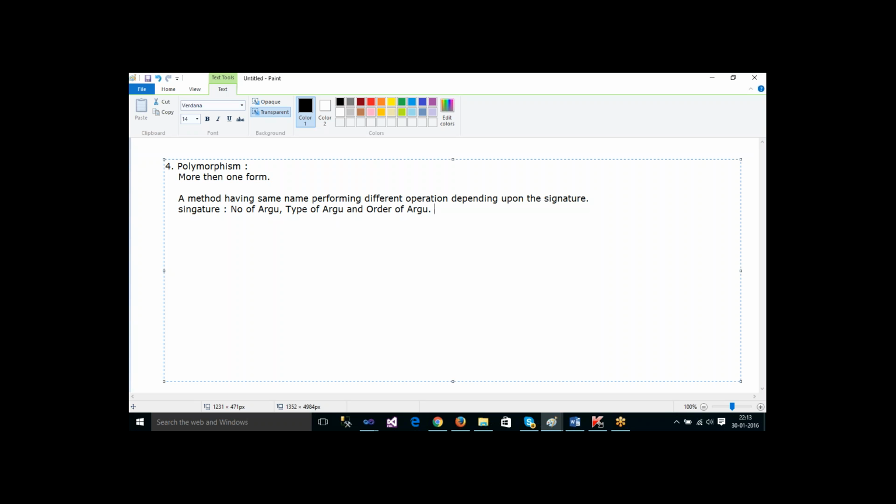Is it clear? Now let's see with an example so that you can understand. Add, int x comma int y. I'll give an example; the rest you need to answer individually. Int x, float y.